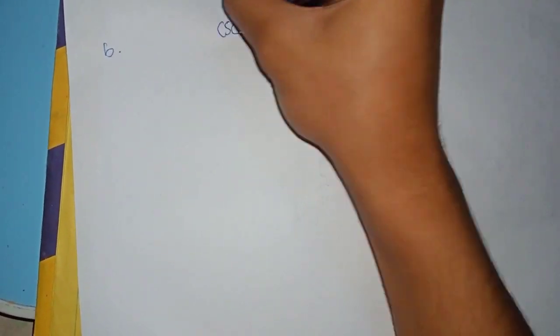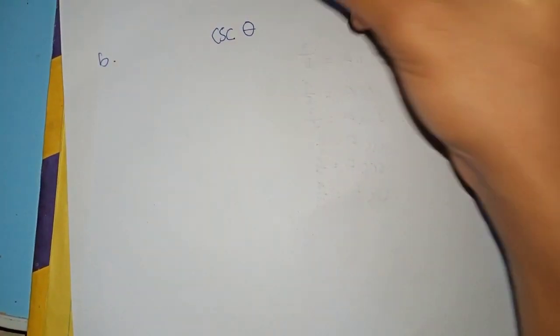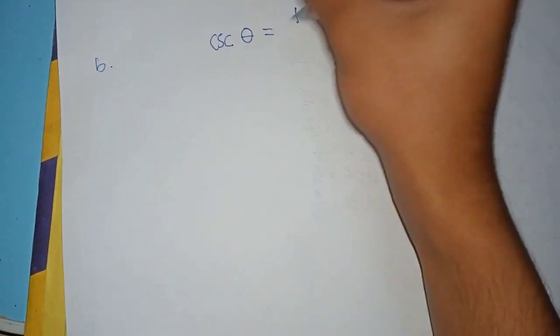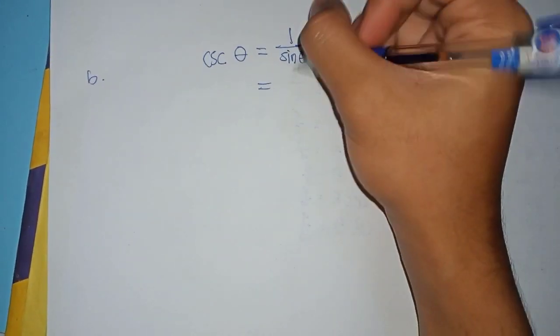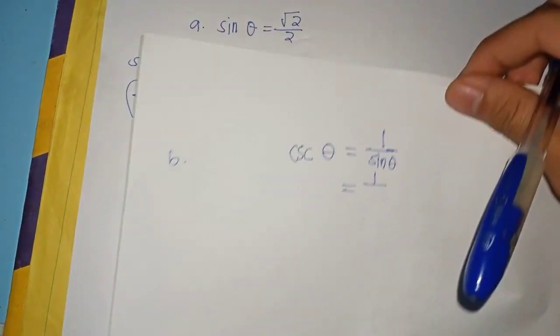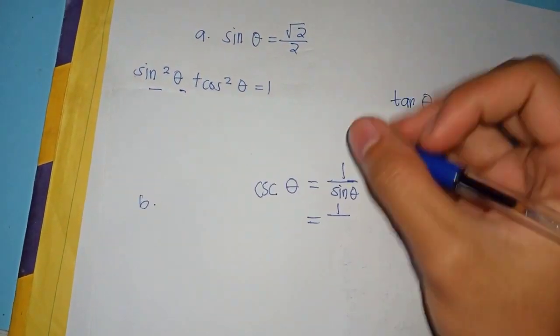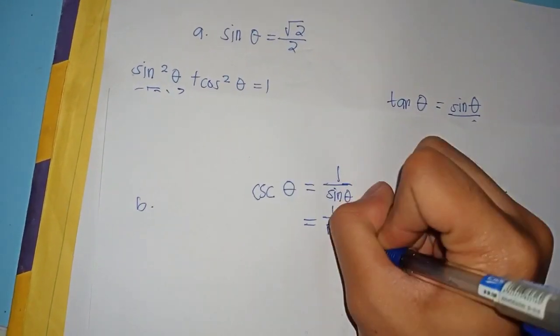We have here csc theta is equal to 1 over sine theta. This is one of the reciprocal identities. Substitute the value of sine. What was the value of sine earlier? Square root of 2 over 2.